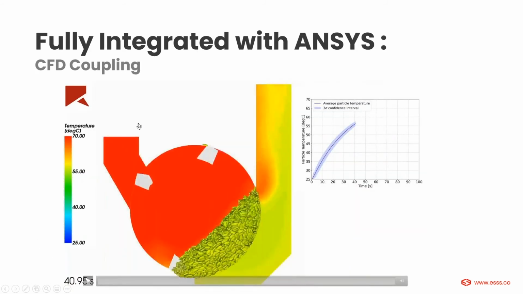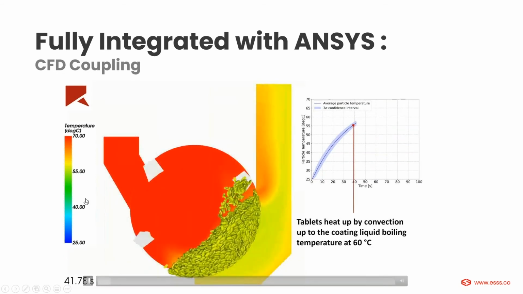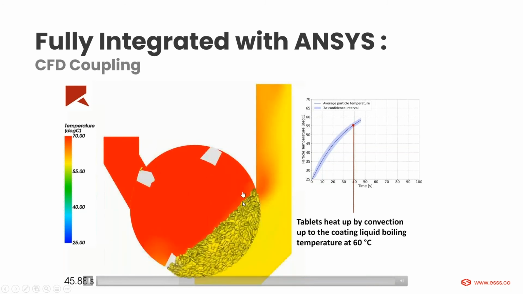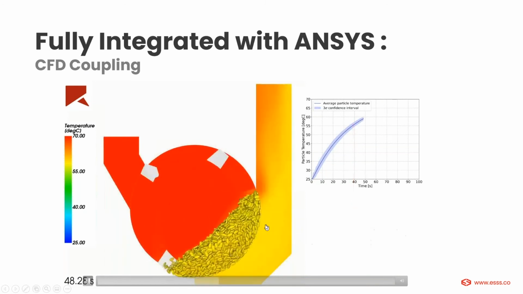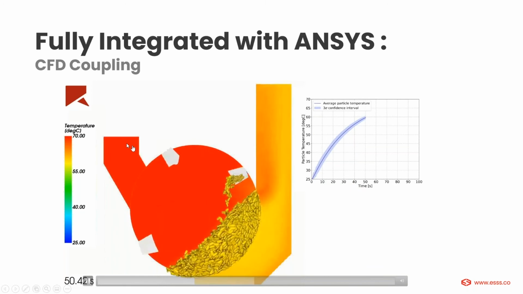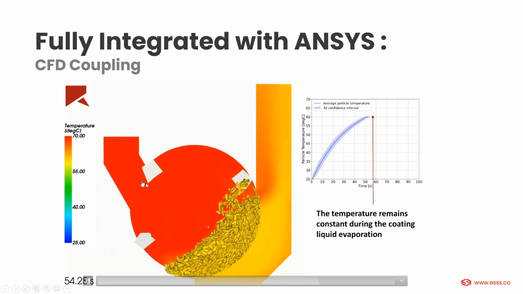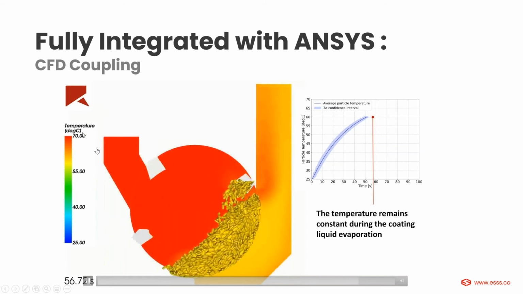And last but not least, I would like to show you that Rocky is also fully integrated with ANSYS. So this is a CFD coupled simulation of tablet coating equipment used in the pharma industry. You see here this hot fluid, where we are seeing temperature. The equipment is colored by temperature, as you can see in this color scale.